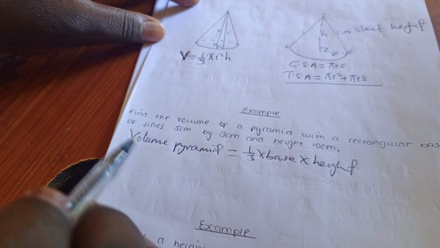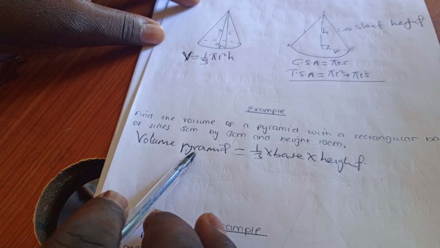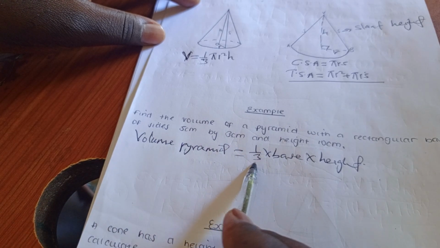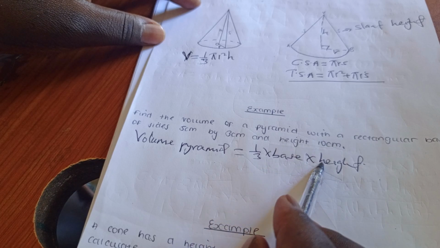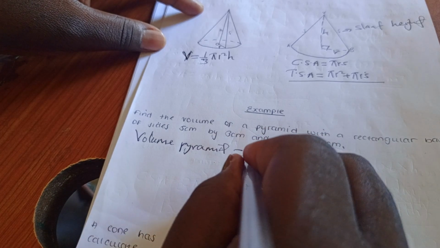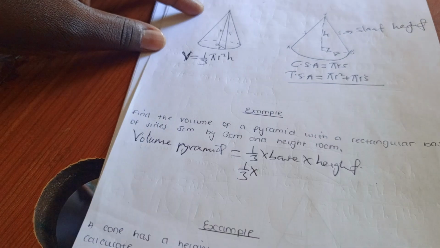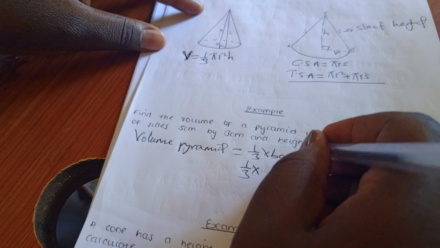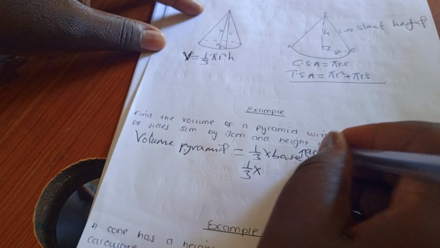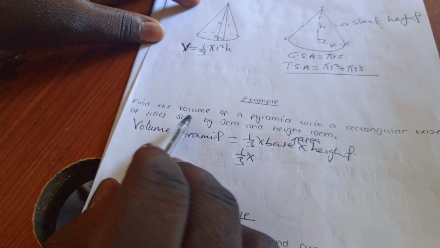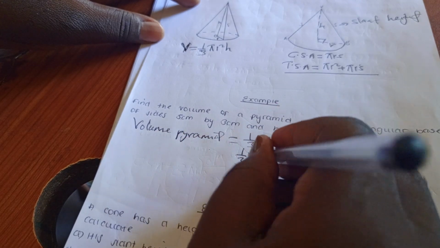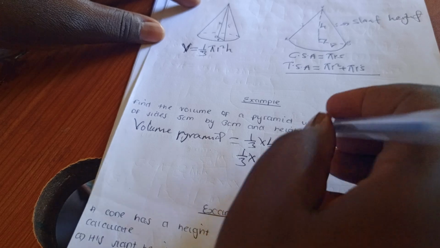Don't forget that the formula for the volume of any pyramid is 1/3 times base area times the height. Since the base is a rectangle, the base area is 5 times 3, then times the height, which is 10.